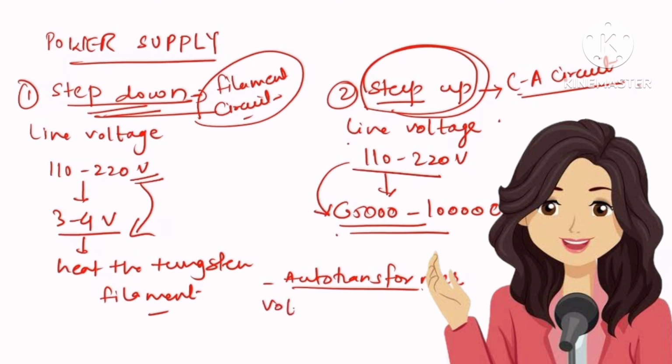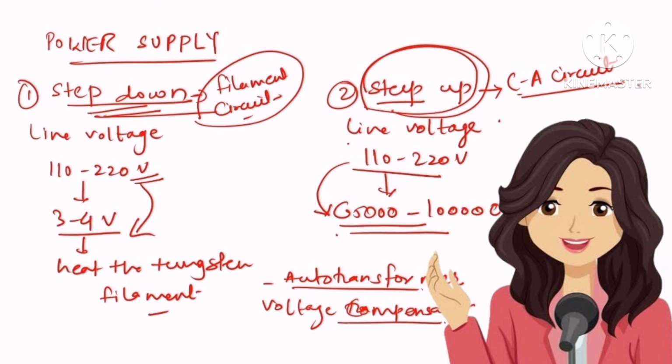It is called a voltage compensator. Okay, meaning it can act as a step down transformer in need, or it can act as a step up transformer in need. All right.